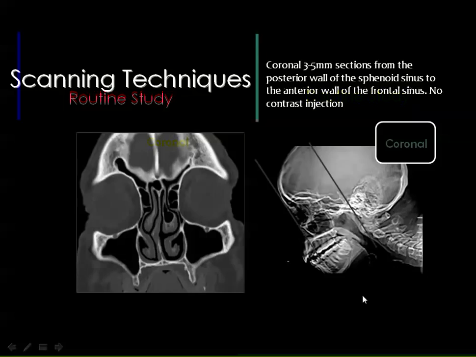Then we specify the area to be examined from the posterior wall of the sella, or from the dorsum sellae, or from the posterior wall of the sphenoid sinus, and we proceed anteriorly until we reach the anterior wall of the frontal sinus, and the scanning interval is usually 3 millimeters.